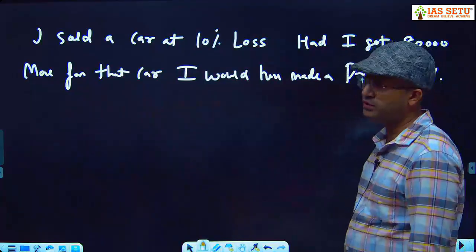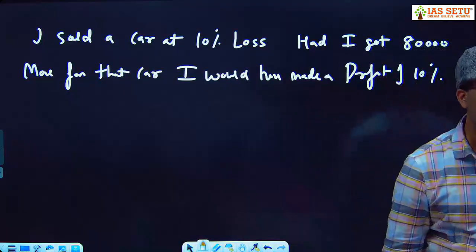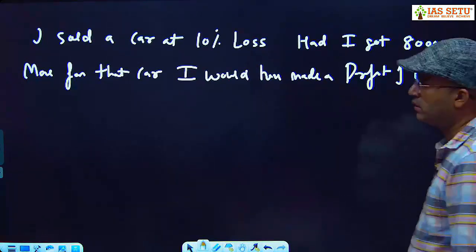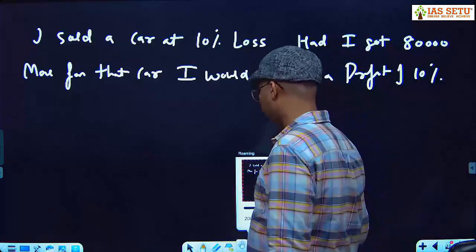Find the cost price of the car for me. मैंने कार 10% लॉस में बेची. अगर आप मुझे 80,000 रुपए एक्स्ट्रा पे करोगे तो rather than loss there will be 10% profit. So what is the cost price of the car for me?